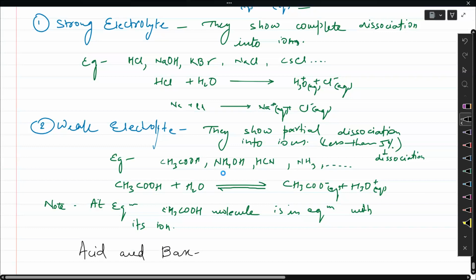The first and most popular one is the Arrhenius concept of acid and base. Then we will study the Bronsted Lowry concept, then the Lewis concept of acid and base.